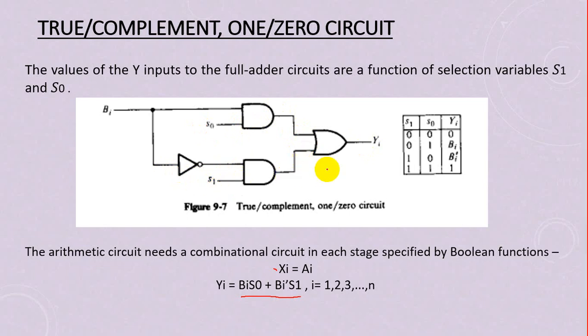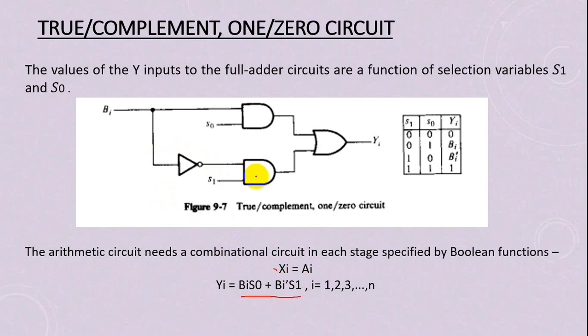So this is our logic circuit for the output y. Y is the modification of B, and for x equal to A, there's no change. So we introduce two variables x and y. X is the modification of A and y is the modification of B. In the arithmetic design, we only modify B. So this is the logic equation of y.